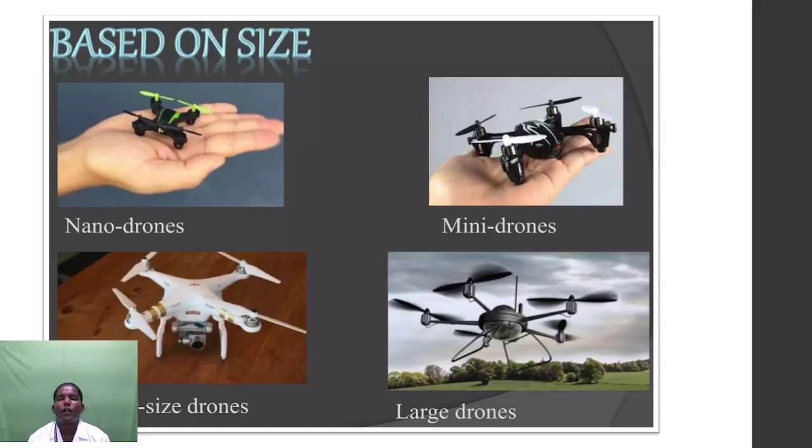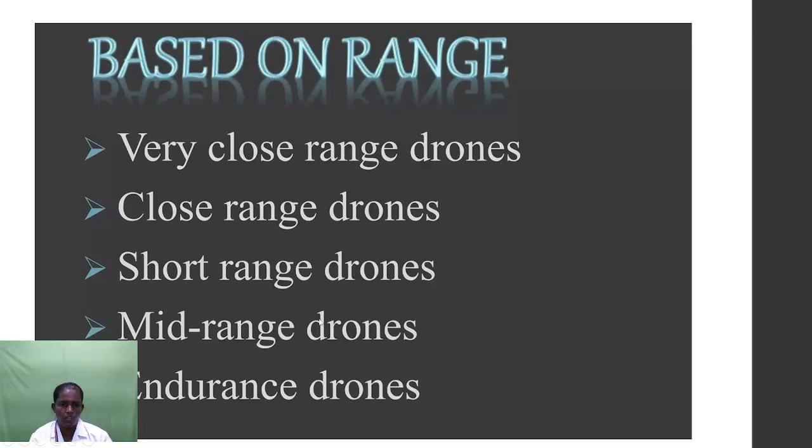Mini drone is small, for surveying and data; we can fix a sensor and a data analyzer with GPS to collect the data. Regular size means photographing and wedding functions, and a large drone means we can carry a large payload. And very close range drone, short range.